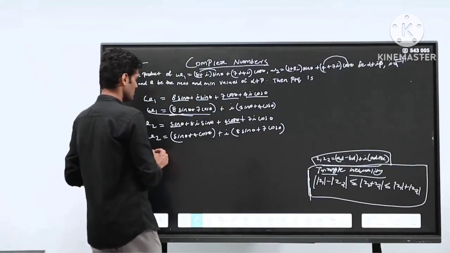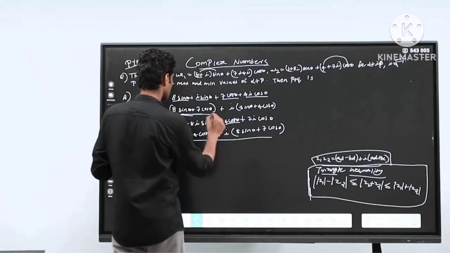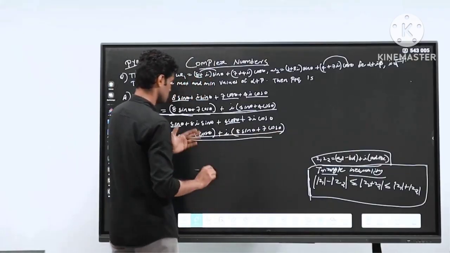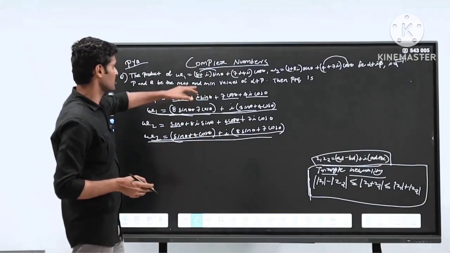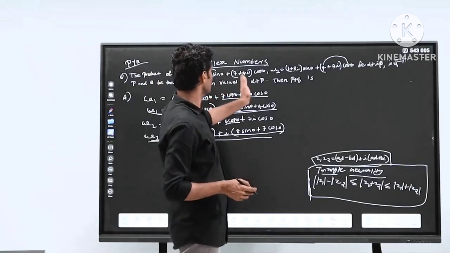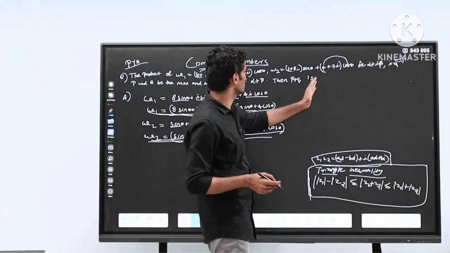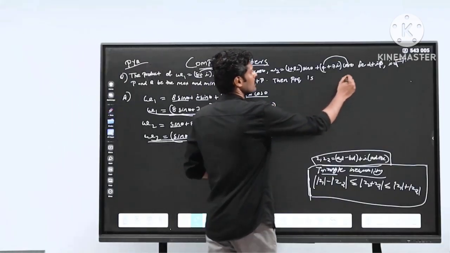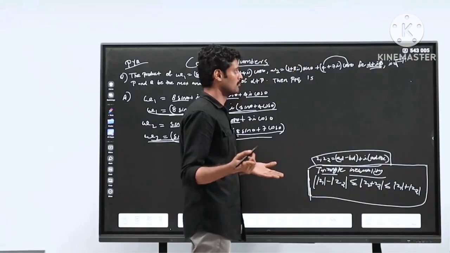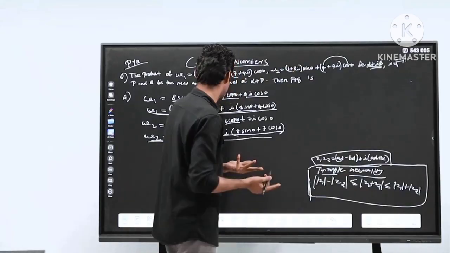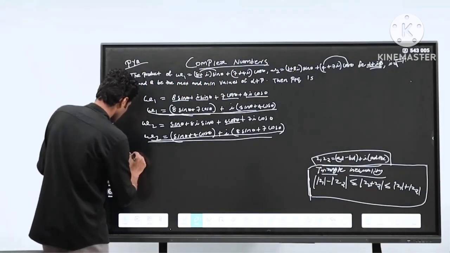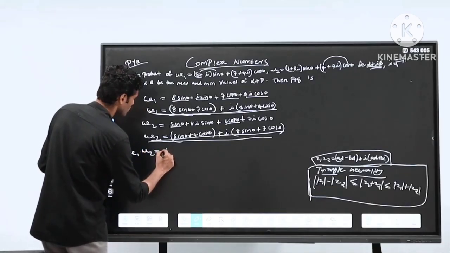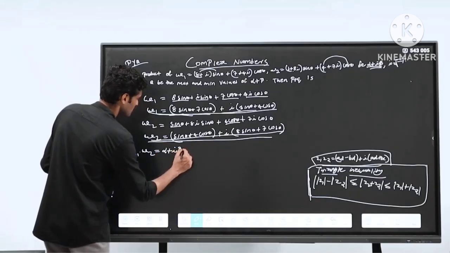Okay, so this is the new omega 1 and new omega 2, expanded omega 1 and omega 2. We know from the question that if we multiply omega 1 and omega 2, we will get a new complex number, that is alpha plus I beta. So omega 1 multiplied by omega 2 equal to alpha plus I beta.